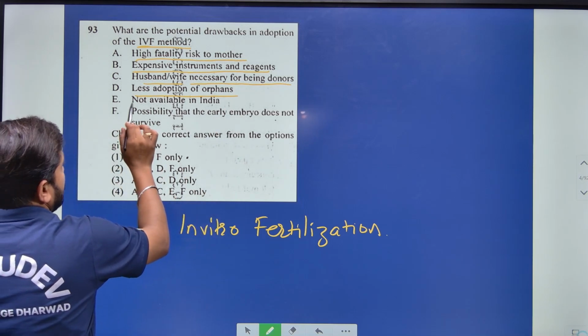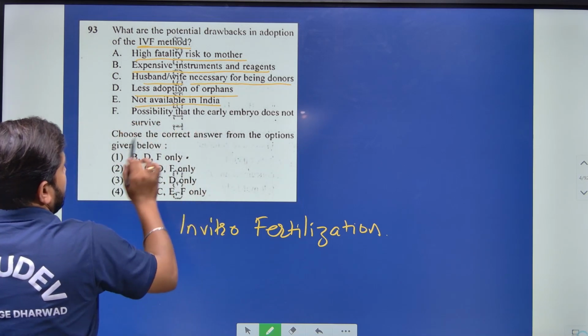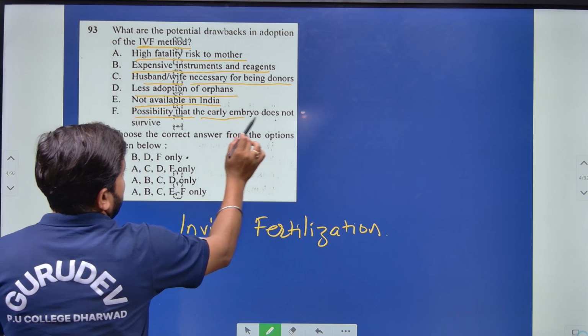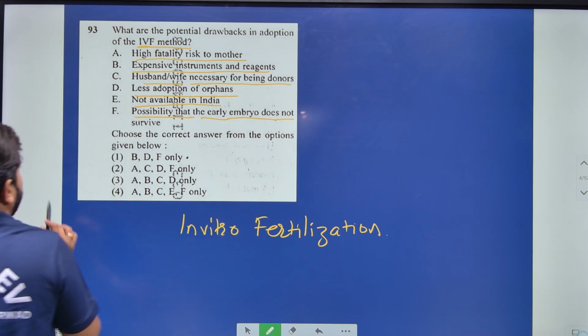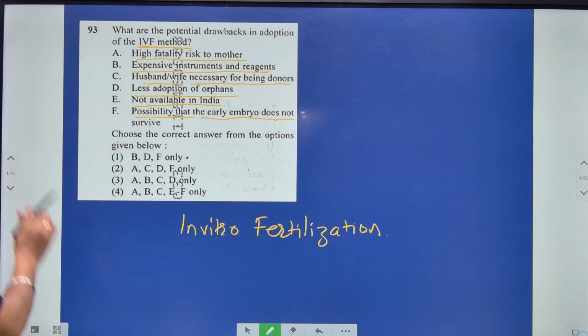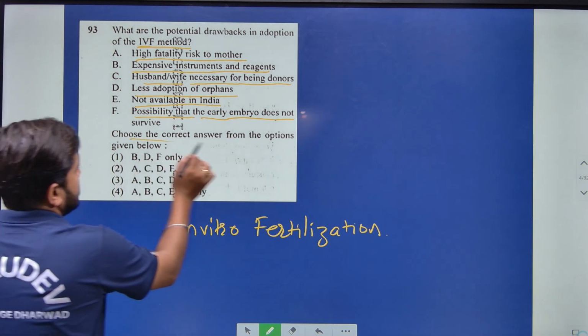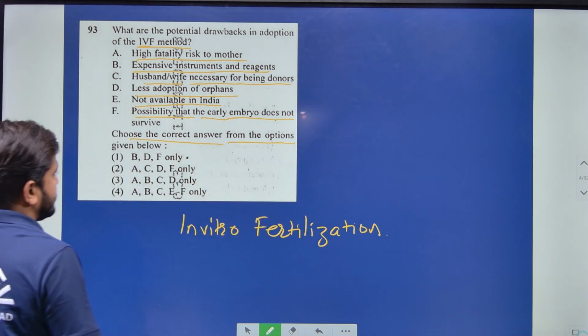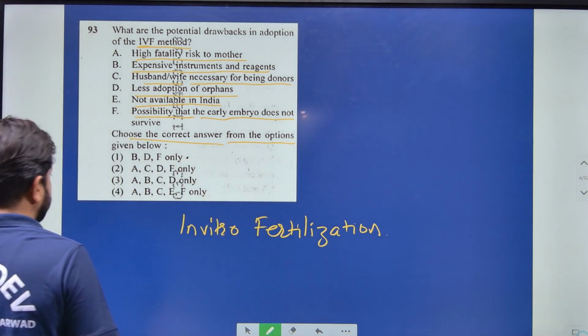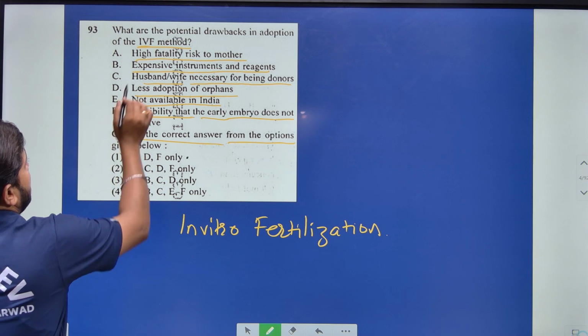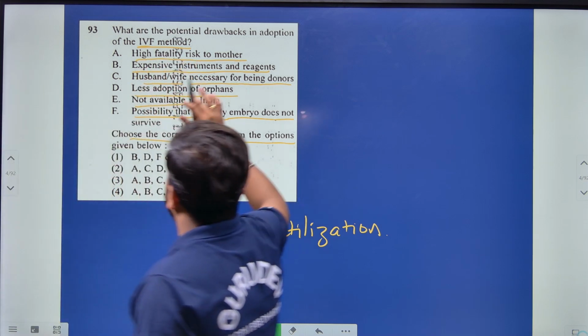And E says not available in India, and possibility that the early embryo does not survive, right? So we have to choose the correct answer from the given options.